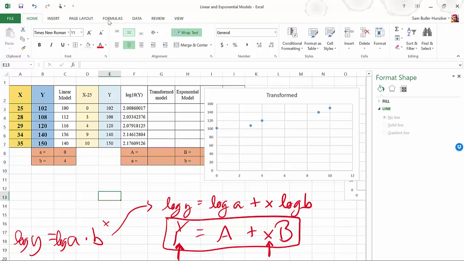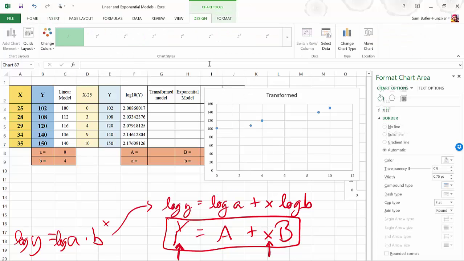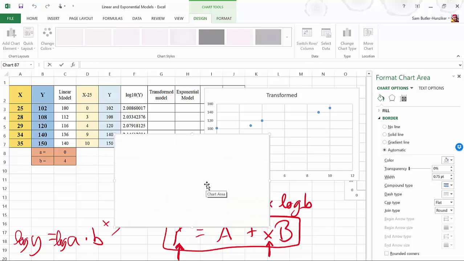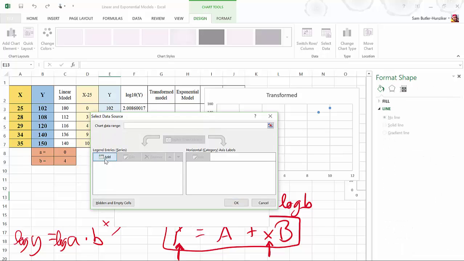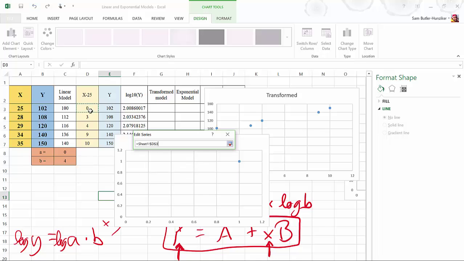If you click far away from any of the values, it'll come up with a blank scatter plot, which can make things a lot easier. You're not having to delete anything. It's not assuming any values. So this is going to be my x versus log 10 of y chart, where my x values are those shifted x values and my y values are the log of those y values.